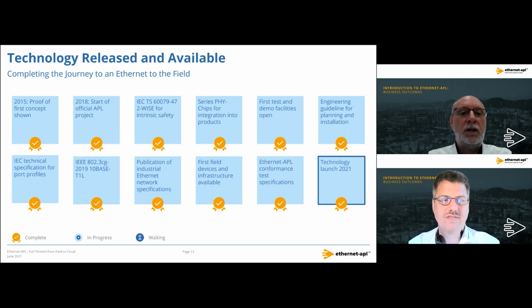Here we used an approach which is already known in the process industry, and the new solution has the name two-wire intrinsically safe Ethernet, which is added as a technical specification in the IEC 60079-47.